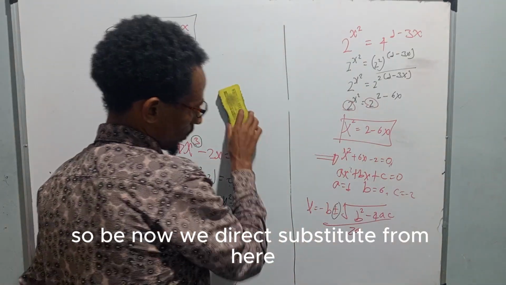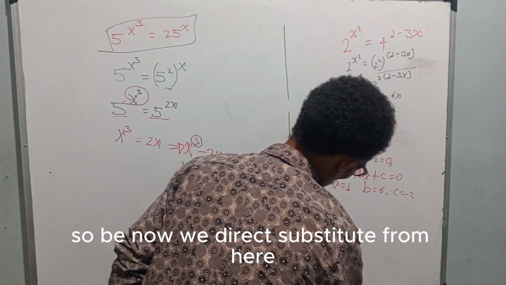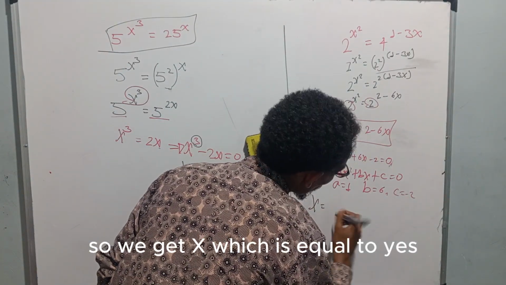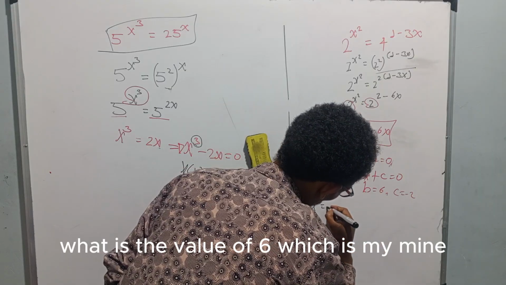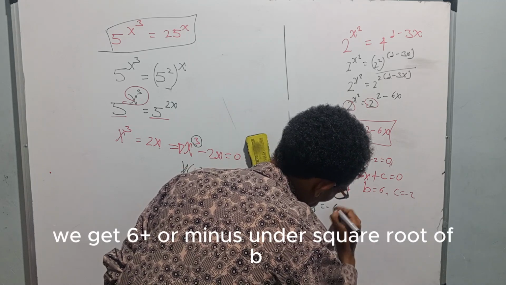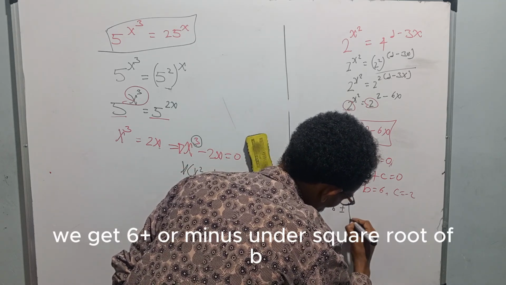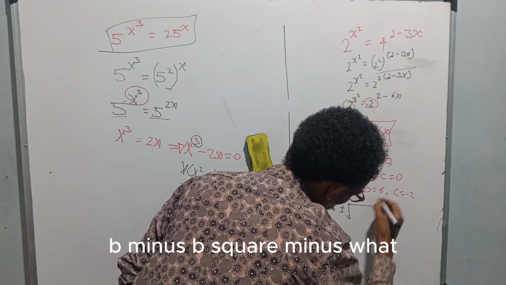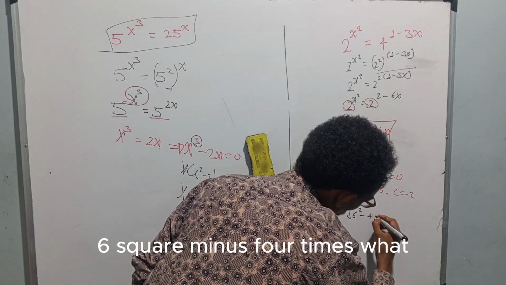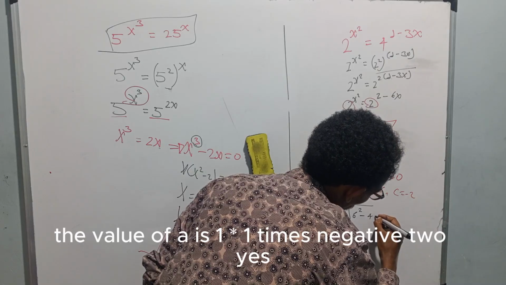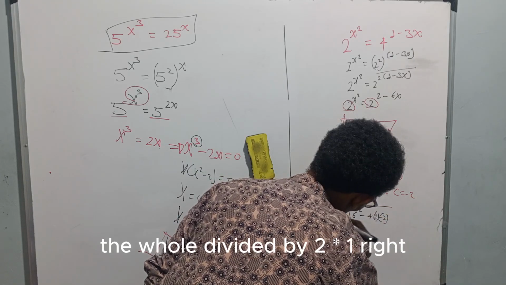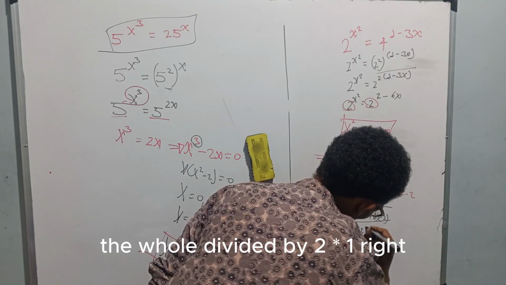So now we directly substitute. We get x equal to minus 6, plus or minus the square root of b squared, which means 6 squared, minus 4 times the value of a, which is 1, times negative 2, the whole divided by 2 times 1.